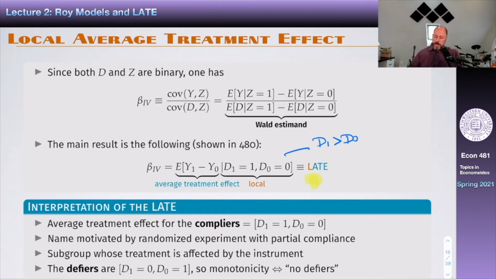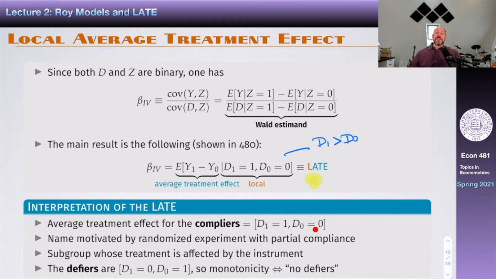This is a local effect because it only affects a certain subgroup of the population, and that's why you call this LATE, the local average treatment effect. It is the average treatment effect for the group of people called the compliers, those that choose D equal to 1 when Z is equal to 1, and choose D equal to 0 when Z is equal to 0.